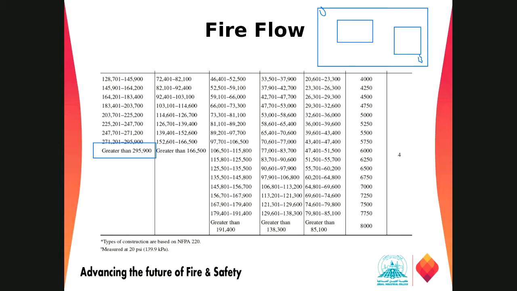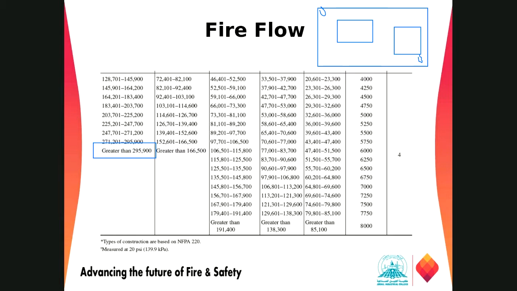Exactly. I have the NFPA 20 handbook, and I saw the calculation you are talking about. I will just discuss that one. Just wait a moment. They're saying there is a Type 5 construction building. I think I have shared the handbook also, right? You can go to page number 639.